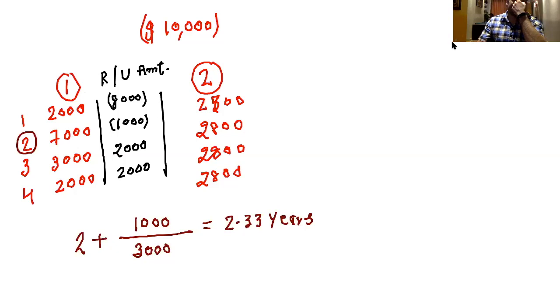Right. Project 2 formula is initial investment. So initial investment is 10,000, right, divided by annual return. So annual return or average annual return is 2,800.